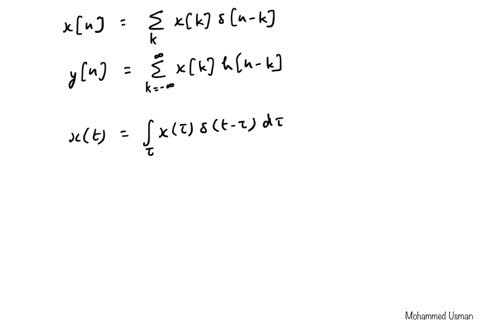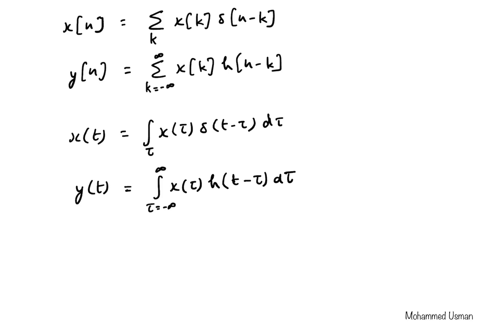So correspondingly, the output of an LTI system, given the knowledge of the impulse response of the system, is x of tau times h of t minus tau d tau for all values of tau, that is tau equals minus infinity to plus infinity. Okay, that is called the convolution integral.